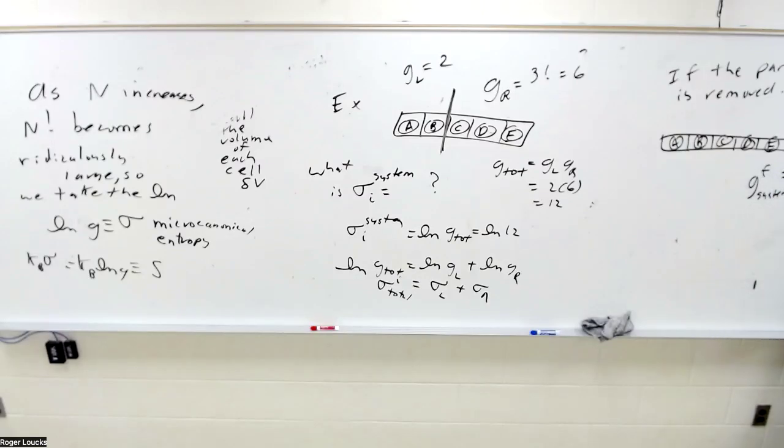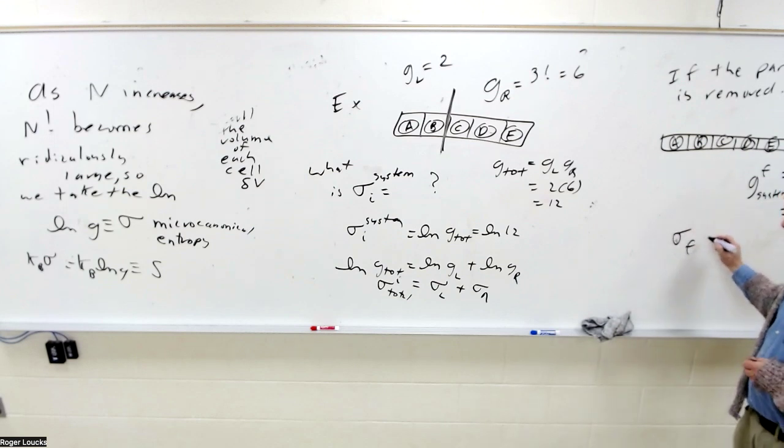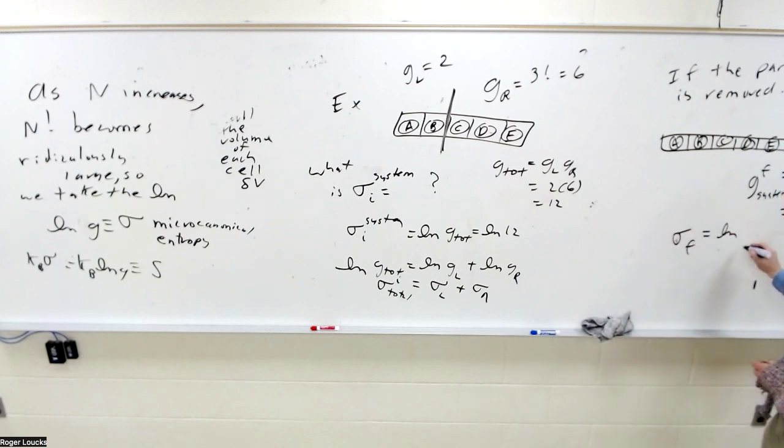Just 5 factorial. 5 factorial is 120. And so our sigma final here is going to be ln of 120. So what happened to our entropy?